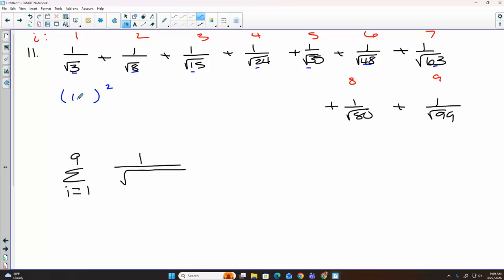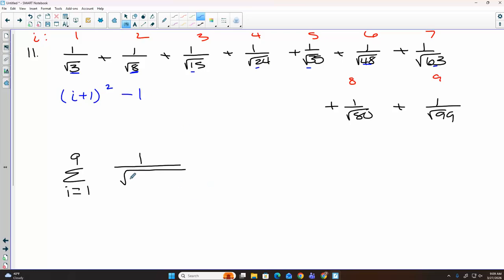Now, if I do 1 squared, I don't get 4, do I? What would I have to do? We have to add 1. So 1 plus 1 is 2, squared is 4. 3 squared is 9. 4 squared is 16. 5 squared is 25. So we've gotten close, but these are all 1 less than that, so now what do we need to do?